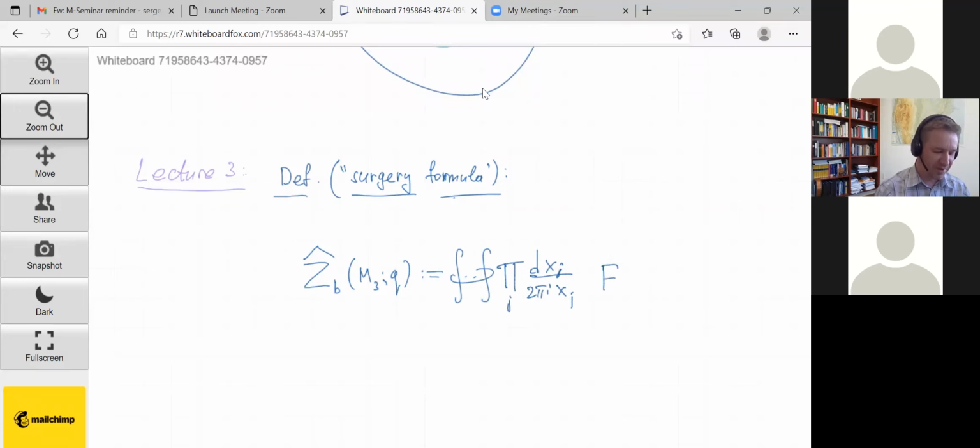There will be a certain integrand that depends on a choice of link K, that depends on all of these integration variables, and also possibly on the variable q. And then we'll write a theta function, analogous to what we had before, that depends on all of the variables and q.